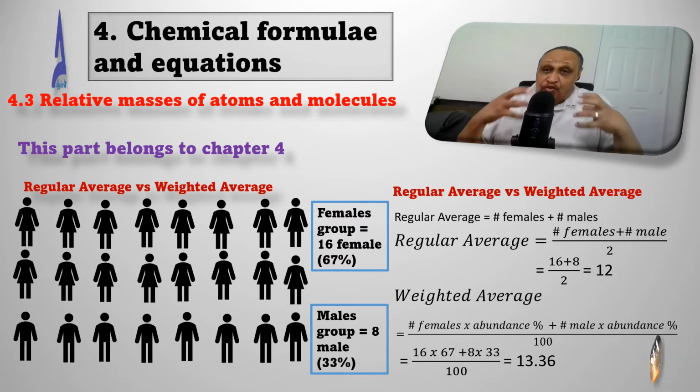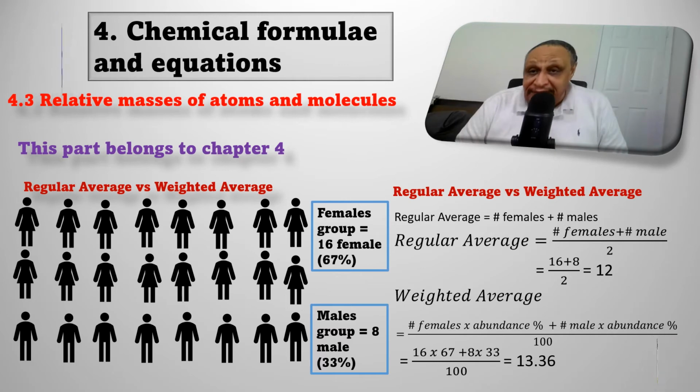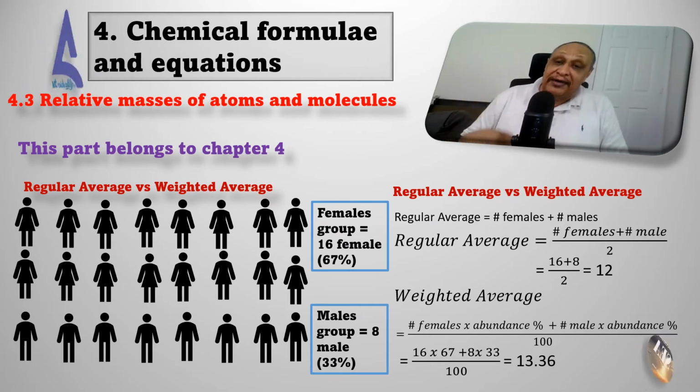This is why each one should contribute based on its abundance. Abundance percent means the contribution of the category in our statistical community.